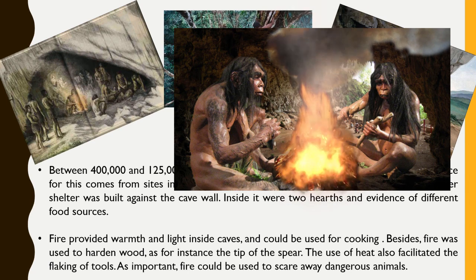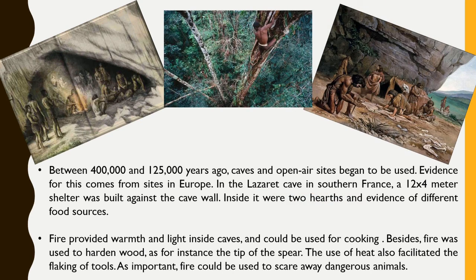They used fire to make the cave warm, as stone gets cooler much faster. Fire kept the rocks and caves warm, and they used it to cook food. They also used it to harden broken wood, and the tips of the spear were heated to make sharp edges.